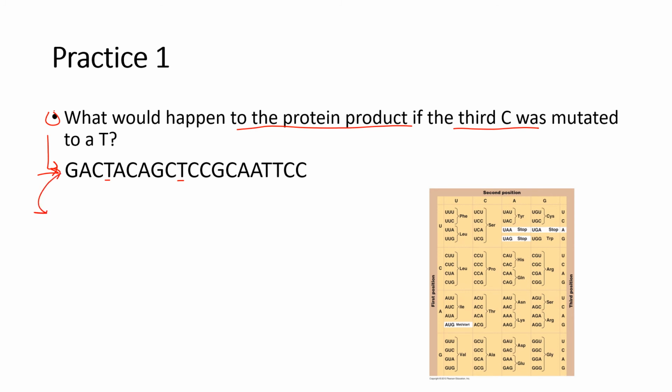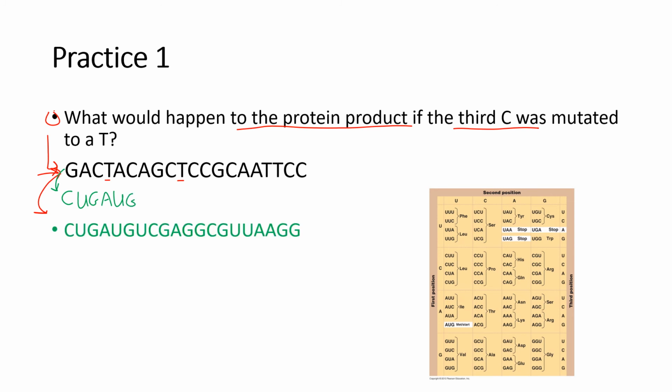transcribe it, and then translate it. The transcription here, if I were to do it in green, is complementary base pairing into RNA. So know that G will complementary base pair to cytosine, adenine to uracil, cytosine to guanine, thymine to adenine, adenine to uracil, cytosine to guanine, and so on.